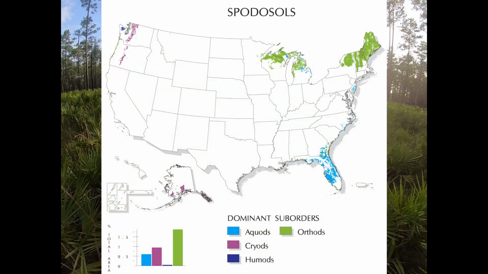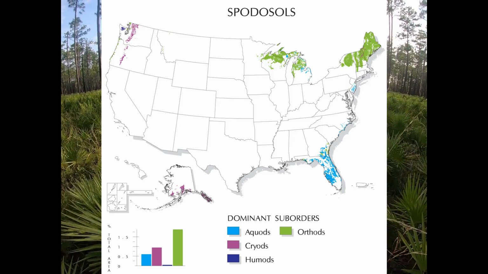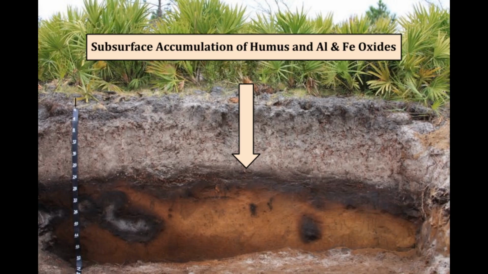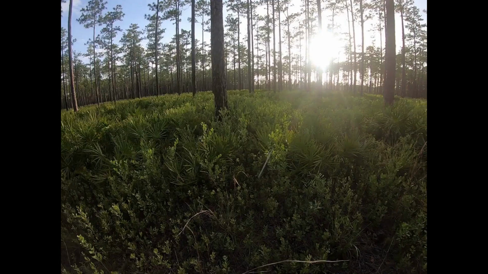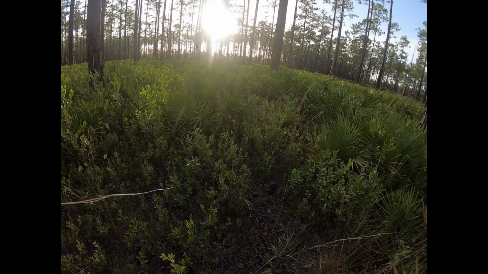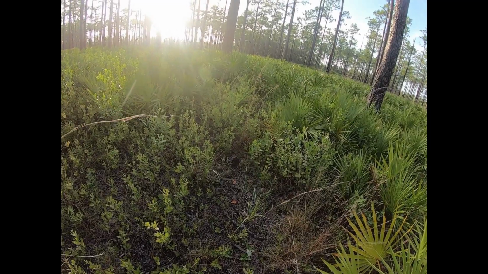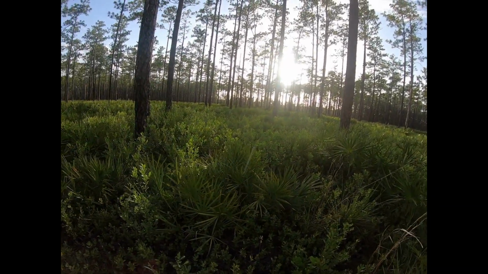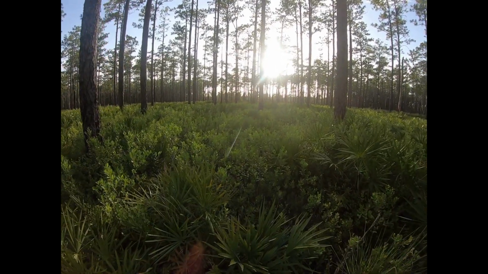And a spodosol, if you remember from some of our earlier lectures, basically consists of a subsurface layer, which is called a spodic horizon.